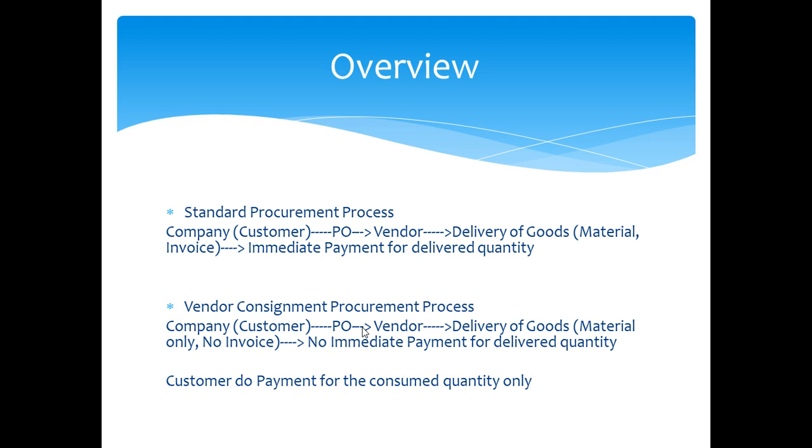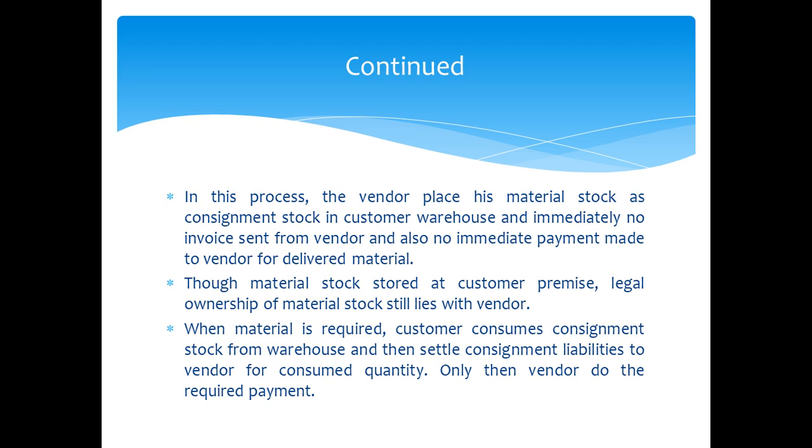So we'll go into the detail. In the vendor consignment process, what happens? The vendor places his material stock at the customer premise or customer location as vendor consignment stock, and immediately he doesn't expect payment from that customer.